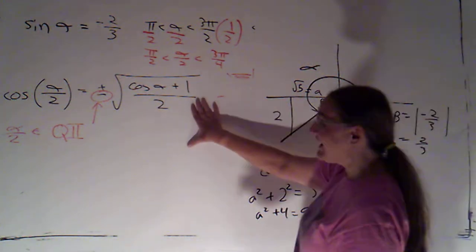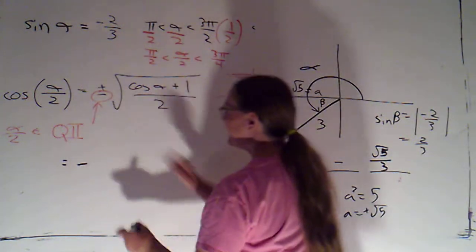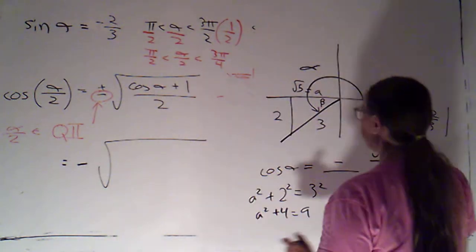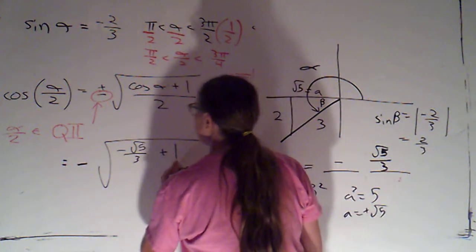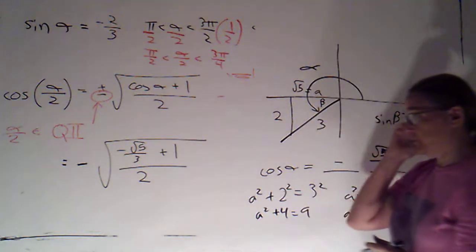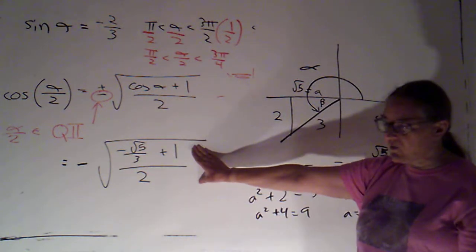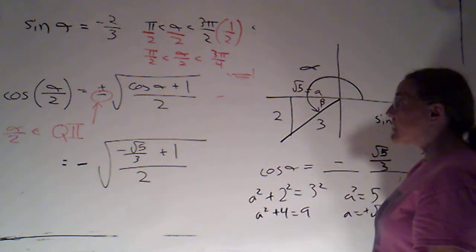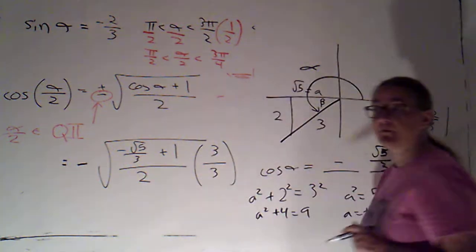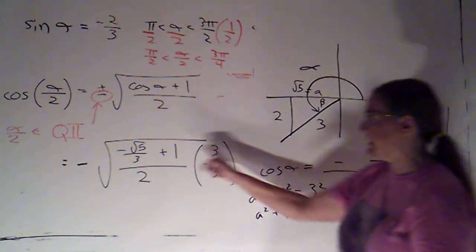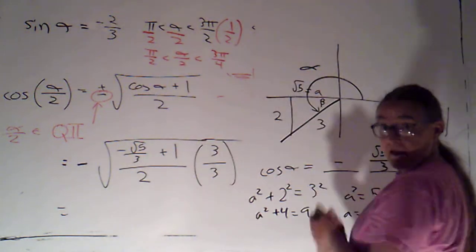Okay, so now I can come over here and plug that in. So we're going to have negative square root of negative root 5 over 3 plus 1, all over 2. Now, that's a complex fraction under here. I don't want to go with a complex fraction, so to clear it, I'm going to multiply by 1 in the form of 3/3, because 3 is the thing that I want to cancel. And I'm doing that under that radical.